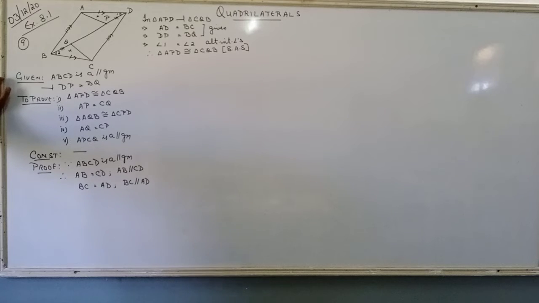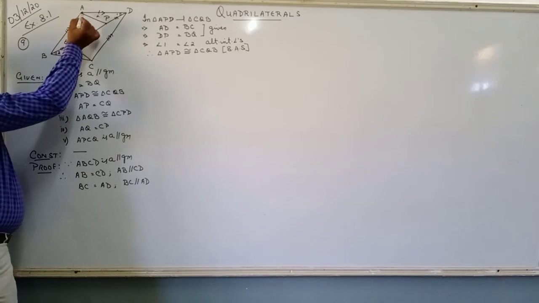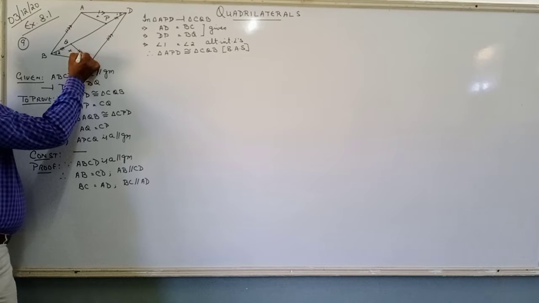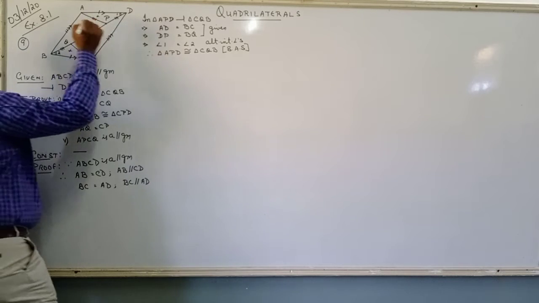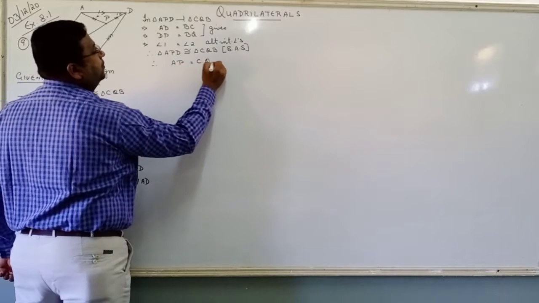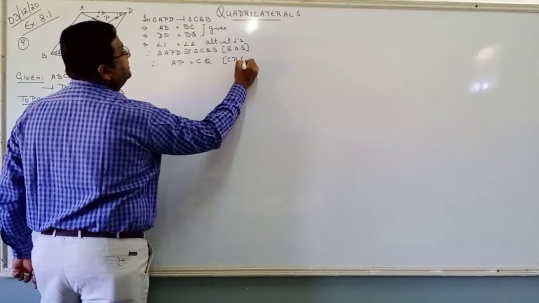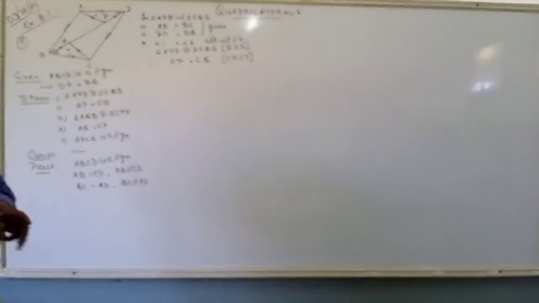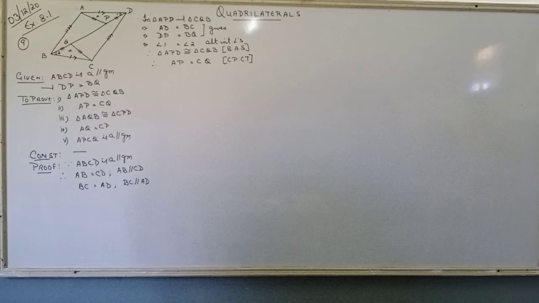And if these two triangles are congruent, is the third side AP equal to CQ? AP is equal to CQ. Reason: CPCT. I don't need to discuss all these topics again, CPCT and SAS. We have discussed deeply in the previous chapter.